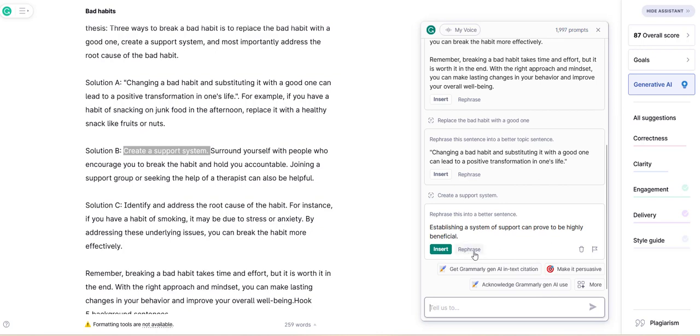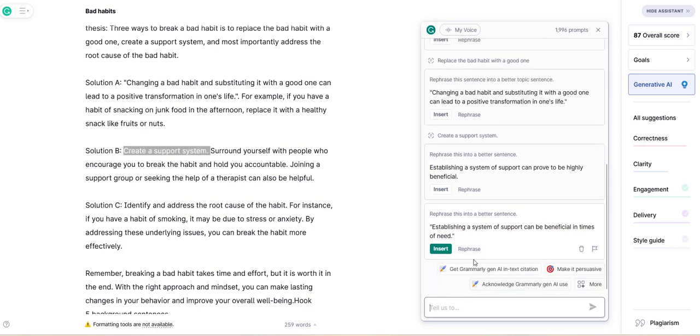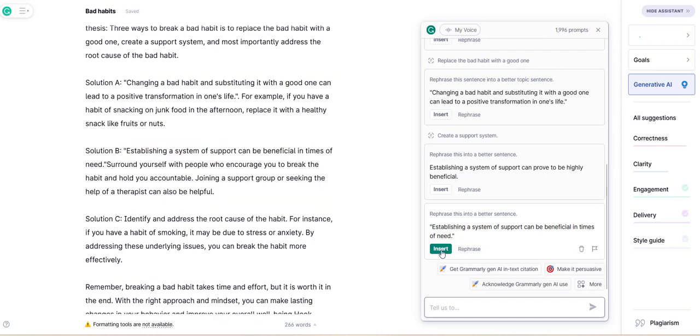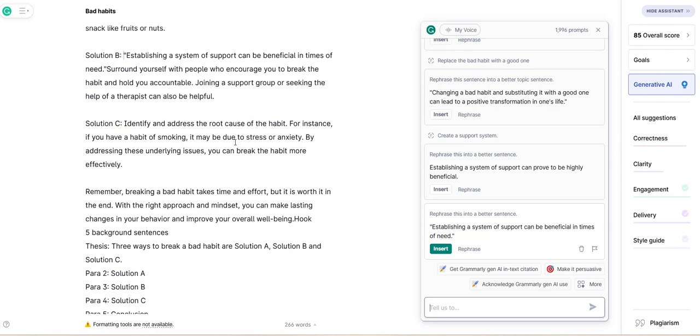Yeah, I like that. Or I think I'm going to rephrase that again. So then it gives you another one, and you go, okay, that's a little better. You could do that if you want, and so on and so forth. And so you go one by one, sentence by sentence. So that's how you can rephrase your sentences.